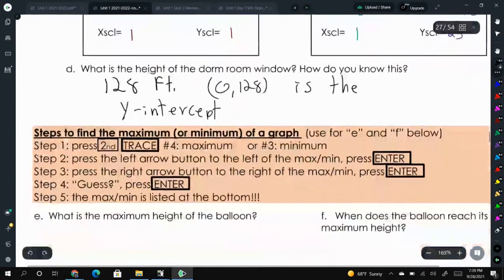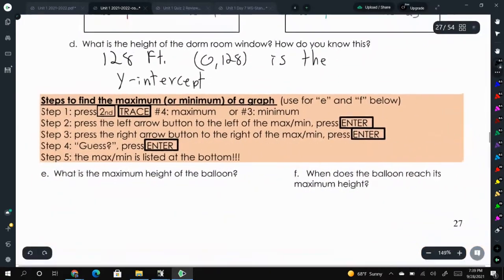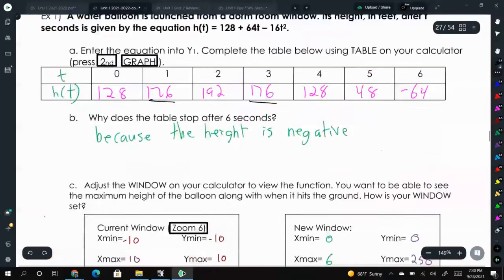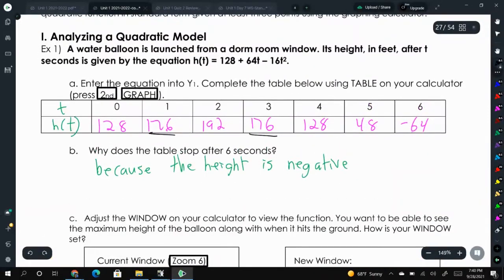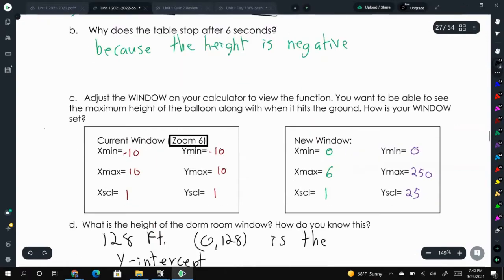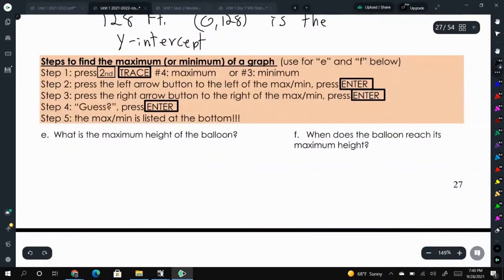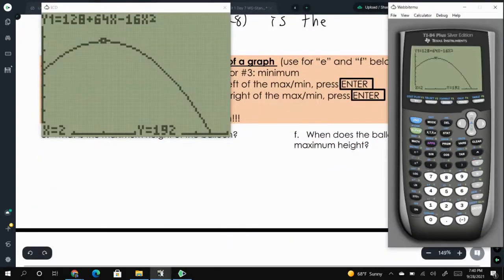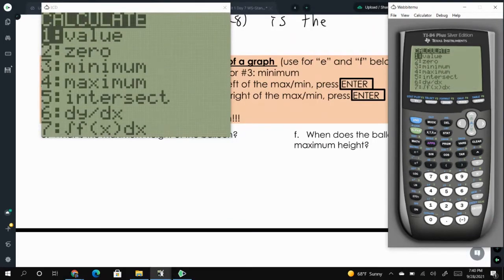Now, to find the minimum or maximum with our calculator, here are the steps to do it, and I'm going to walk through it. You may look at this table and say, well, the vertex is clearly (2, 192). But what if it's not as clear from this table? You'll need to go and do this process down here. So in the calculator, we're going to press second trace.